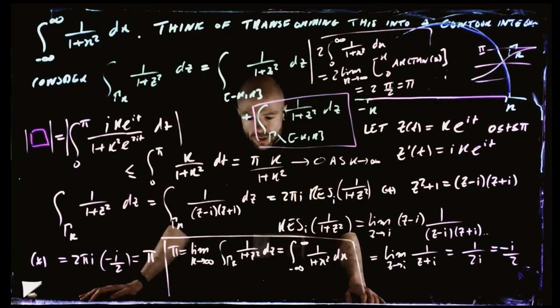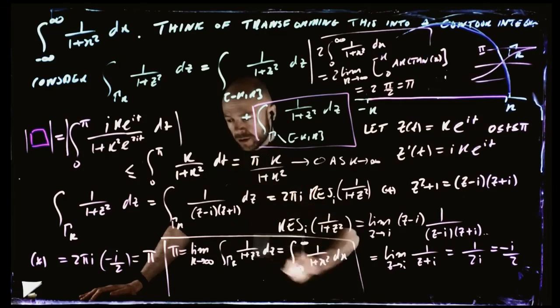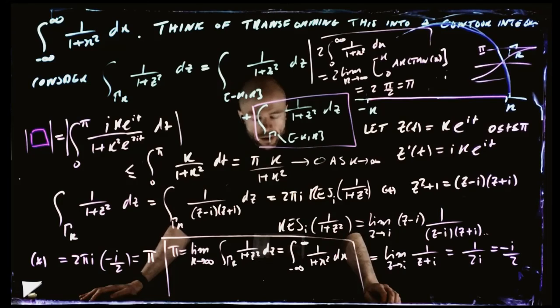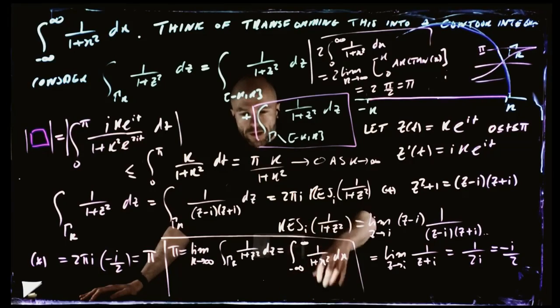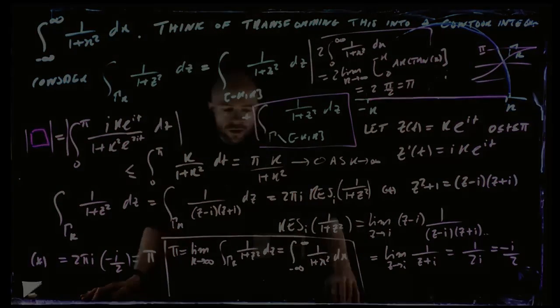This was very hot stuff, cutting edge stuff. It's not cutting edge now, but it's very neat. It's very impressive. It's very cute. And that's what we're going to be learning in the next class. We're going to practice this on other integrals.